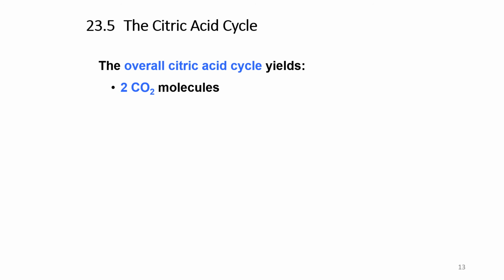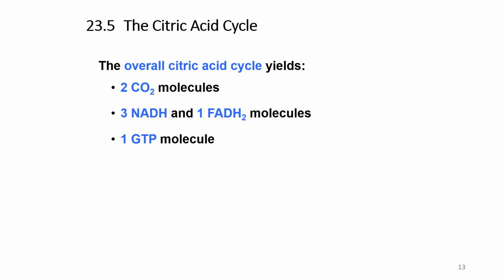So this is a summary of the overall products of the citric acid cycle. 2 molecules of carbon dioxide, which again are exhaled through the respiratory system. 3 NADHs and 1 FADH2, 1 GTP molecule.